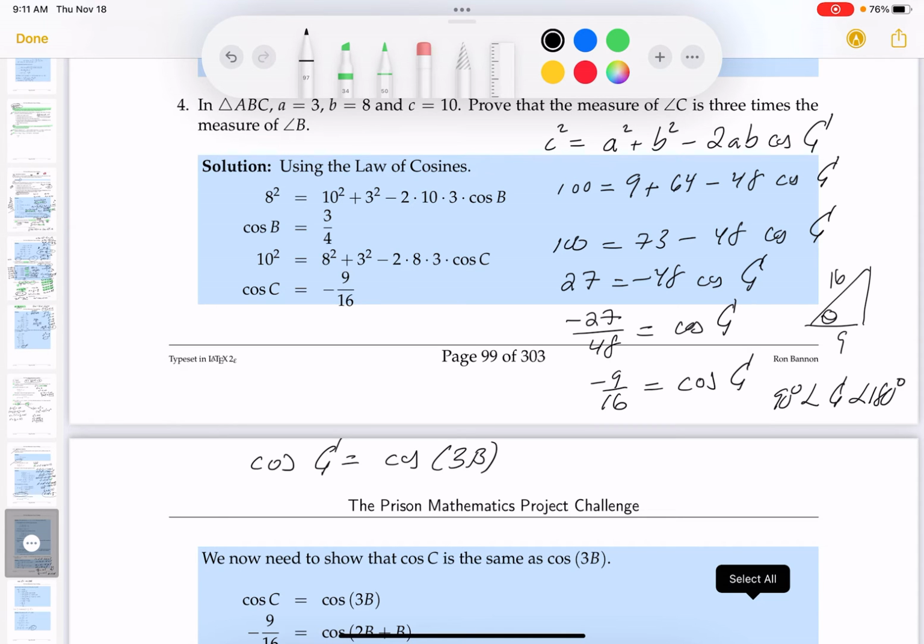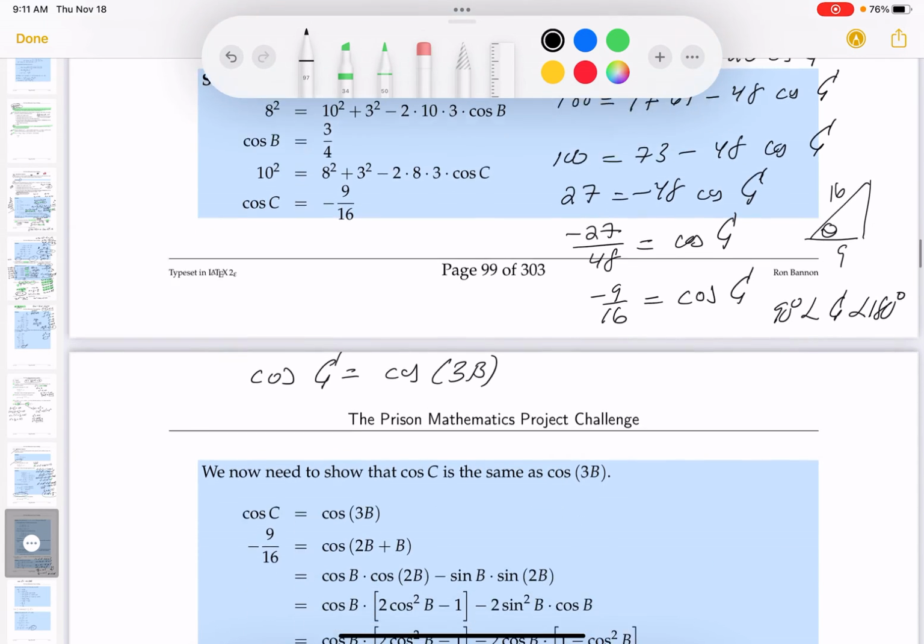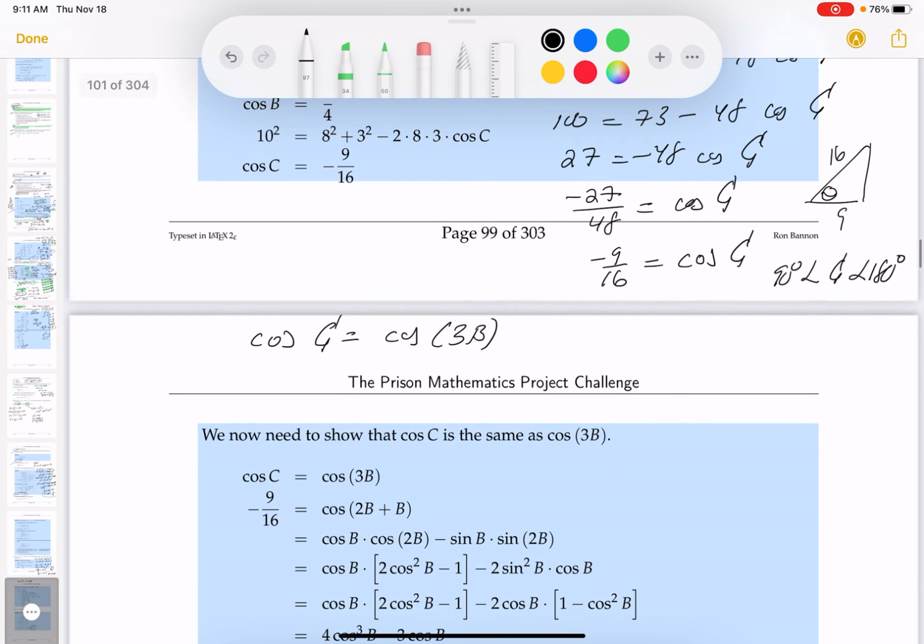Well, you know what? It's a multi-angle formula, but I'm going to write it down for you in steps, because I don't want to memorize too much. But this is the cosine of C, which I know the number, by the way. I'm just going to write this down. It's easier for me to write this down over here. This would be the cosine of 2B plus B. I'm going to write this down in steps for you.